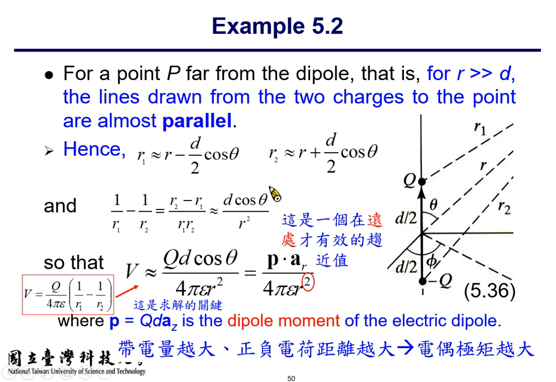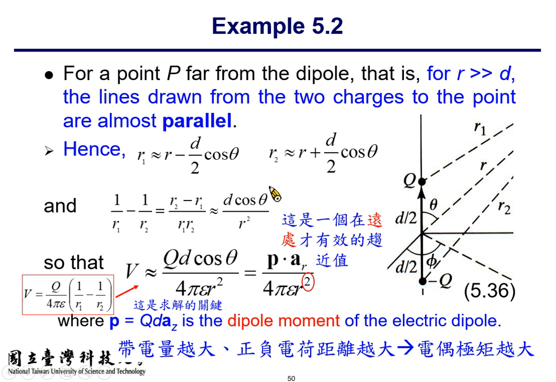So R1, which is shorter according to the plot, can be expressed as R minus d over 2 times cosine theta, and R2 can be expressed as R plus d over 2 times cosine theta. Acceptable, right?